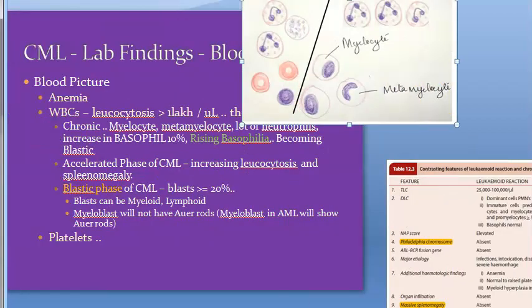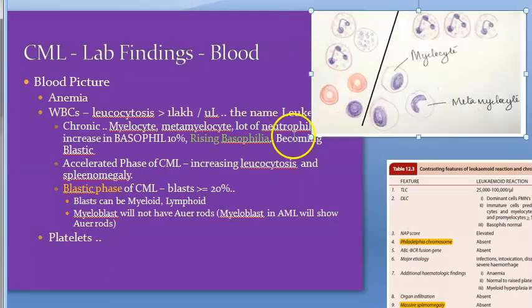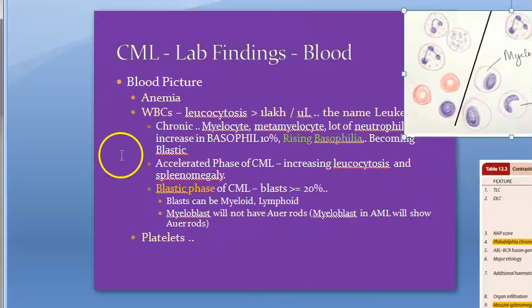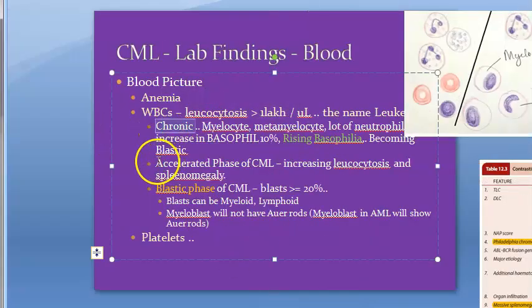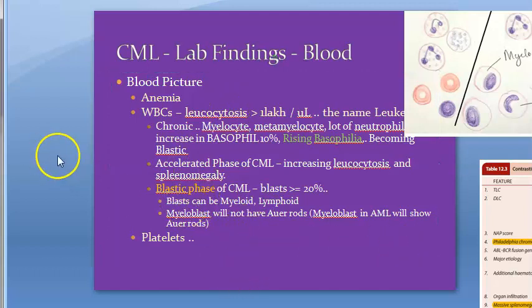Rising basophilia. So basically in chronic myeloid leukemia, you have chronic phase, accelerated phase, blastic phase. In blastic phase, the blasts are greater than 20%. So 3 phases of CML you got, right?